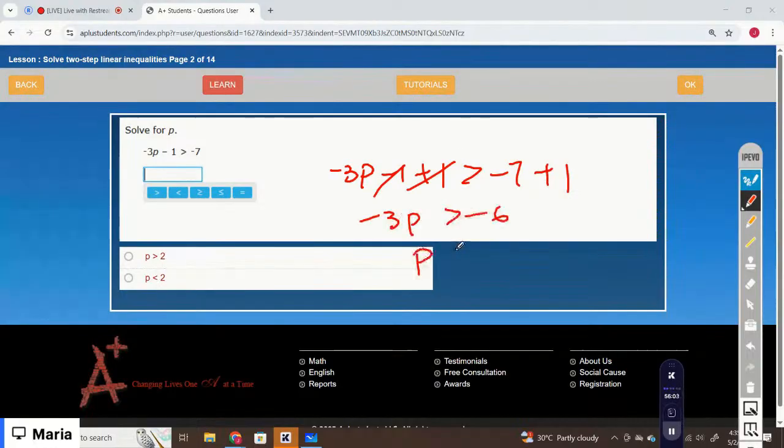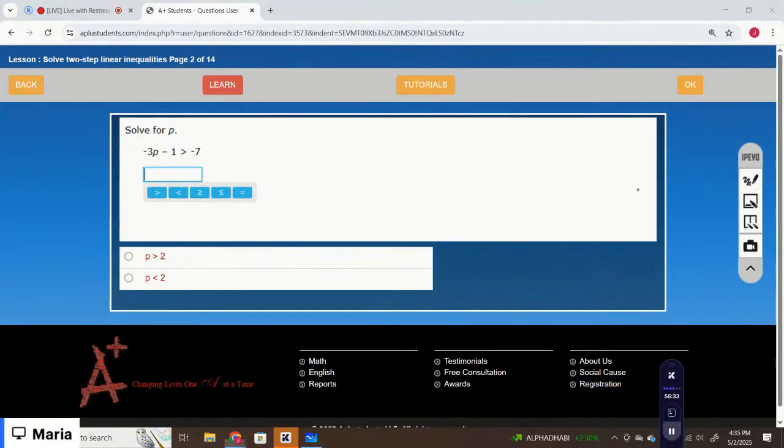So p is less than 2. Option number 1 is the correct option.